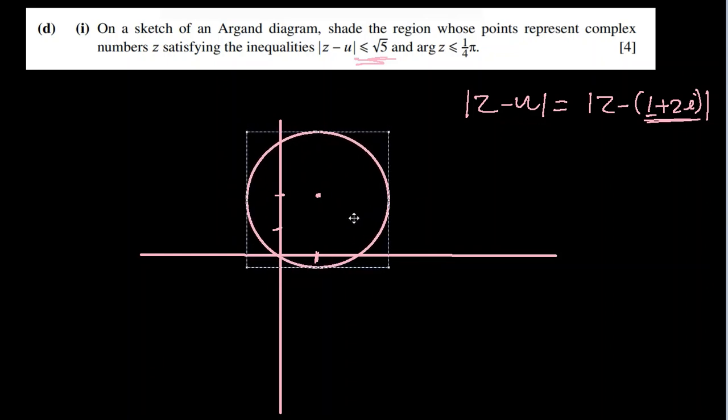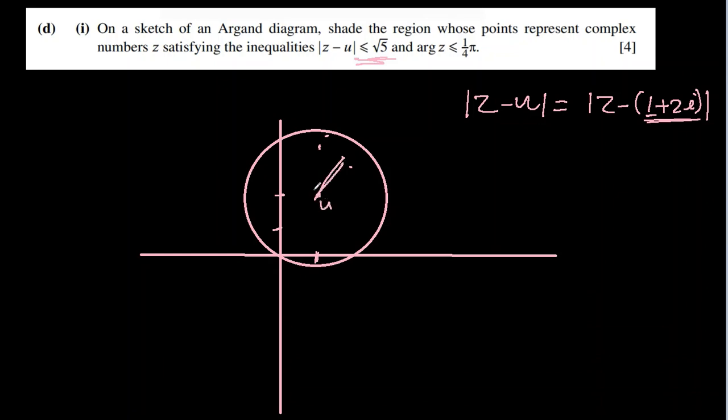Okay, somewhere here. Why this? I have drawn a circle here, and a thick circle. The reason is that any point inside this circle, the distance from that point to u, this point where the center is, will be less than square root 5 because the radius of this circle is square root 5.